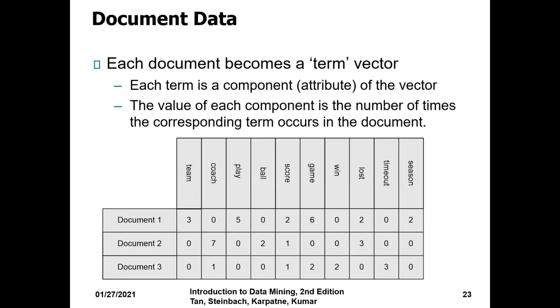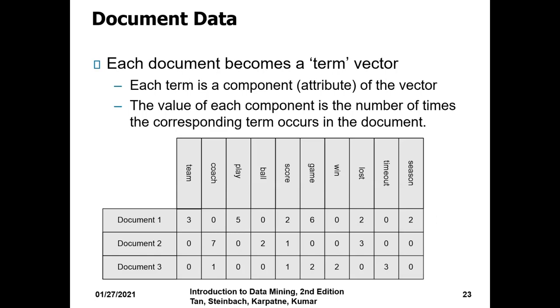Then we have document data, where we count how many times, for example, team is repeated, or coach is repeated, or play is repeated. Since Google also works on an index, they have specific indexing for a special kind of document, so you don't need to search all the documents. They just index the document.